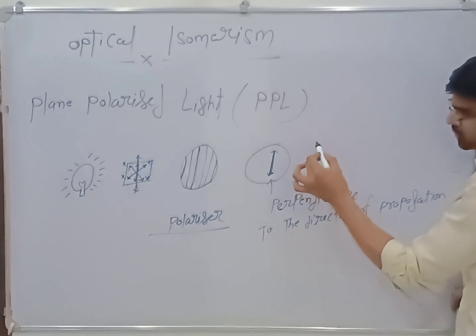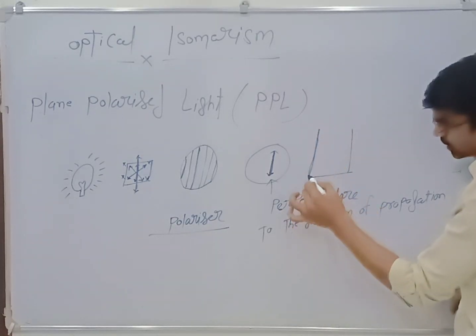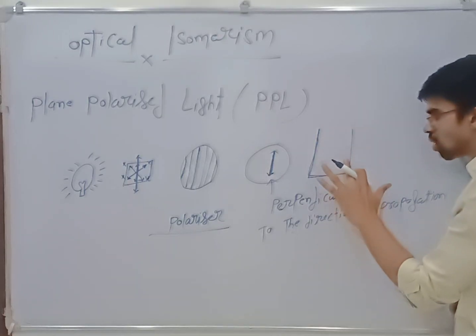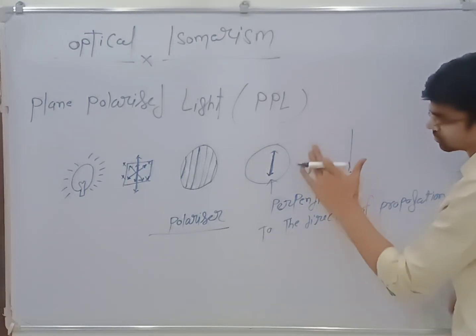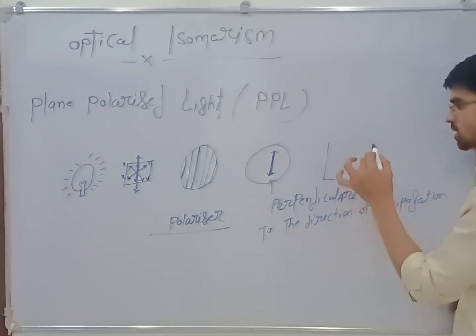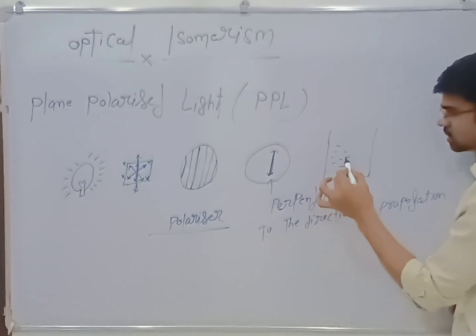Now if we put an organic compound in the path of that PPL light, few organic compounds are able to rotate that PPL light.